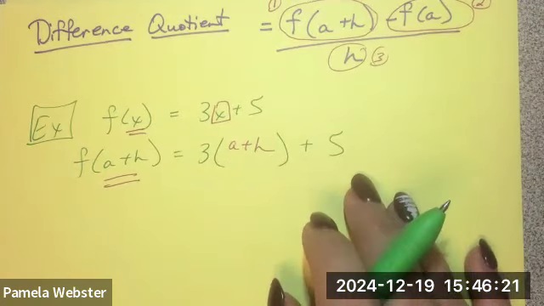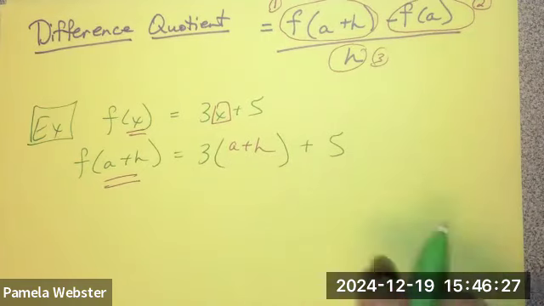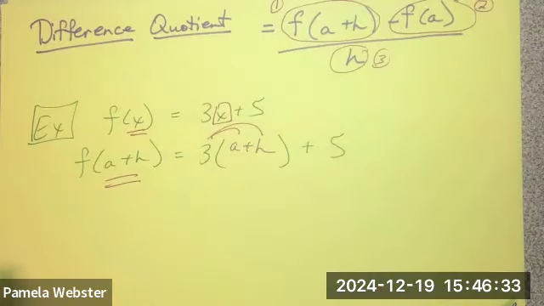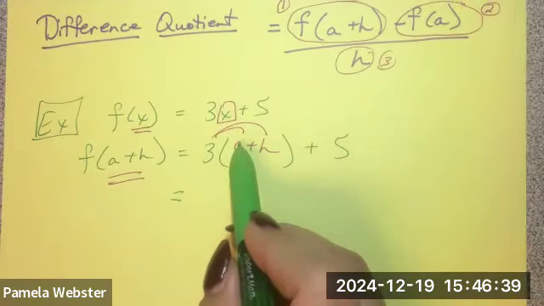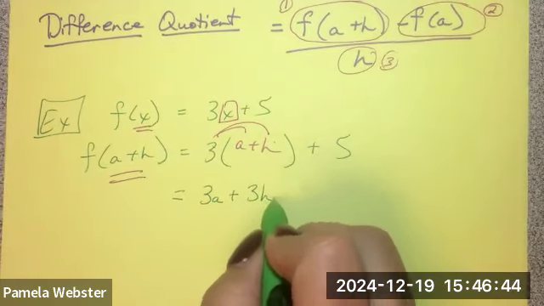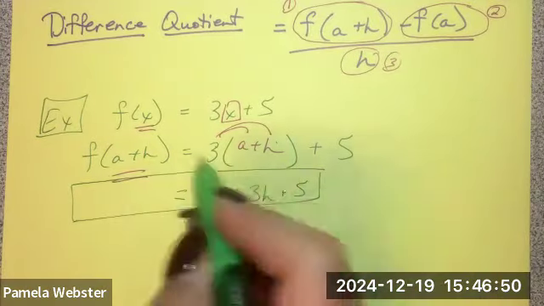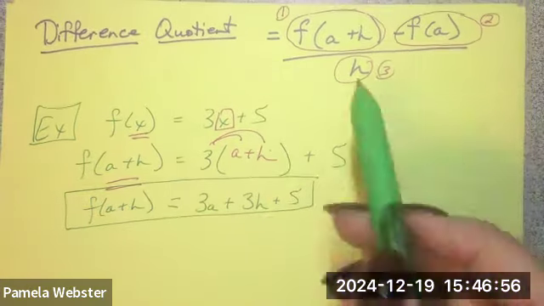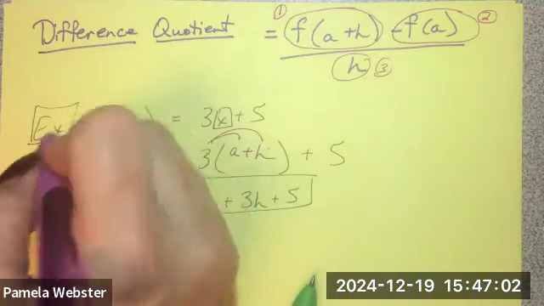And we can't be done until we finish cleaning this up as much as we see we can. By cleaning it up, I just mean simplify it, make it so that I've done as much math here as I can and it looks as pretty as I can make it. So in other words, I can multiply this 3 through, distribute it, 3a plus 3h plus 5. That's what my f of a plus h looks like. So that's the first step.